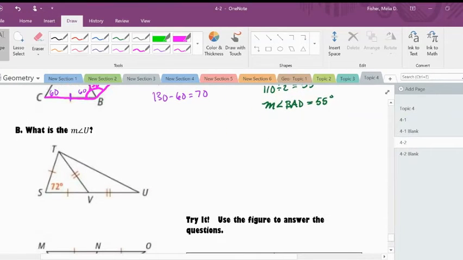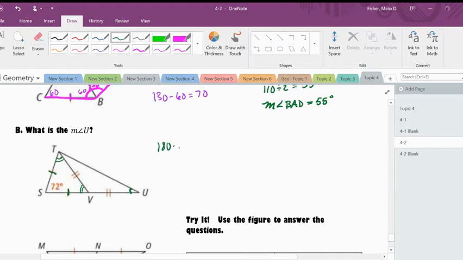On part B, they want to know what is the measure of angle U. Since U is all by itself over here, it's okay to use 1 letter to label it. Over here, we have to actually use the first idea that this and this are going to give these 2 angles the same measure.